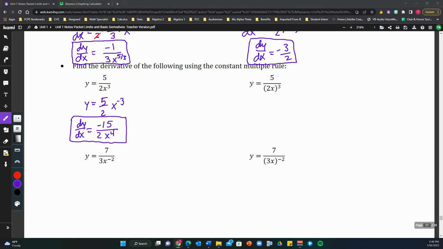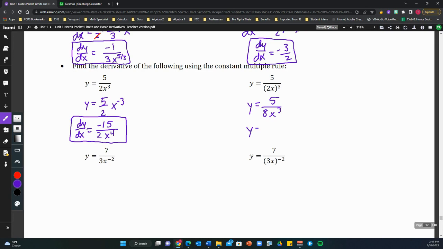Now, the next one is a little unique because we have a product in the denominator raised to that third power. So remember, when we have a product raised to a power, we have to distribute that exponent to each piece. So when we go to rewrite this guy, we're actually going to end up with 5/2 cubed, or 8, to then the x to the third power. We want to fix that before we try and rewrite.